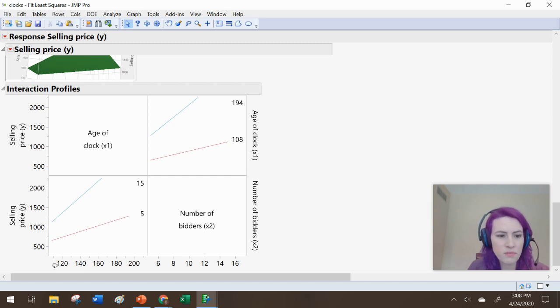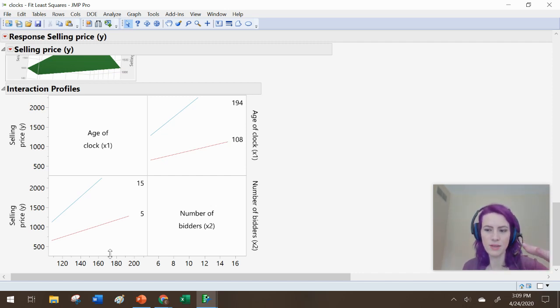We saw the clocks ranged in age from a little over 100 up to a little under 200. Then it's going to draw lines for the two extremes, the minimum and the maximum for the other variable. So that's the number of bidders. Our number of bidders ranged from 5 to 15. So these are the most different that the slopes could be. If we held the number of bidders constant at 5, this would be the rate of change between the age and the price.